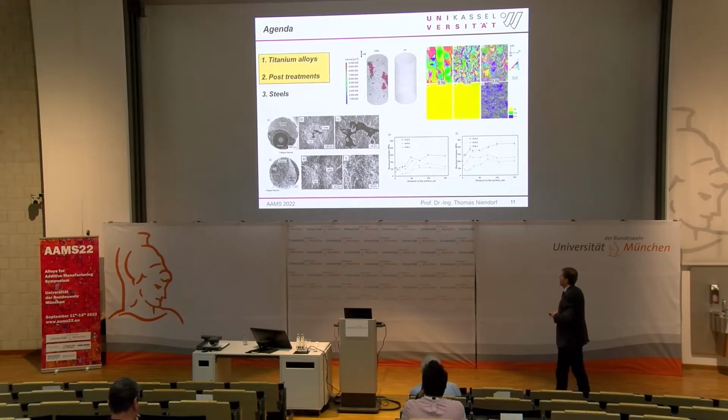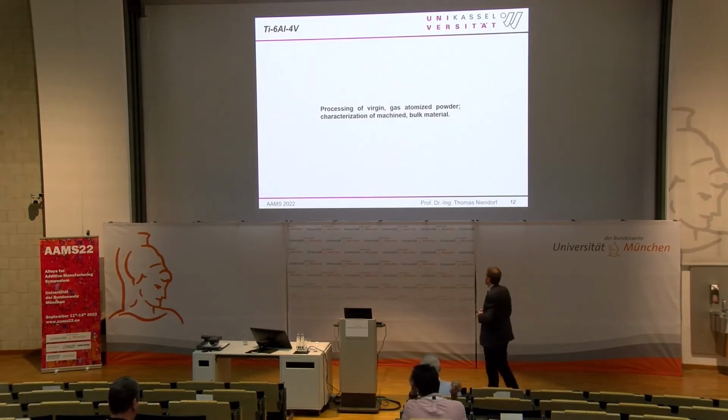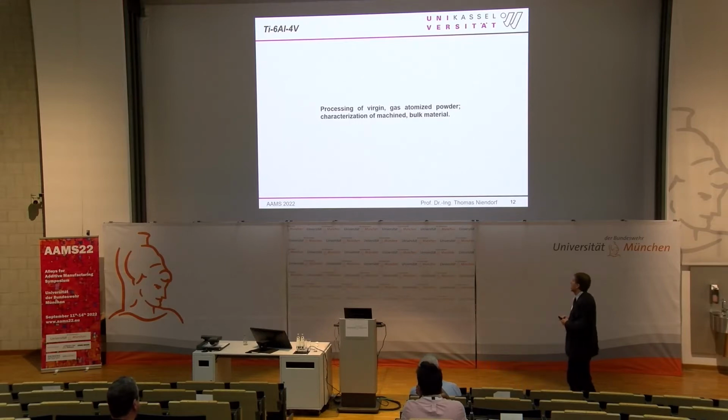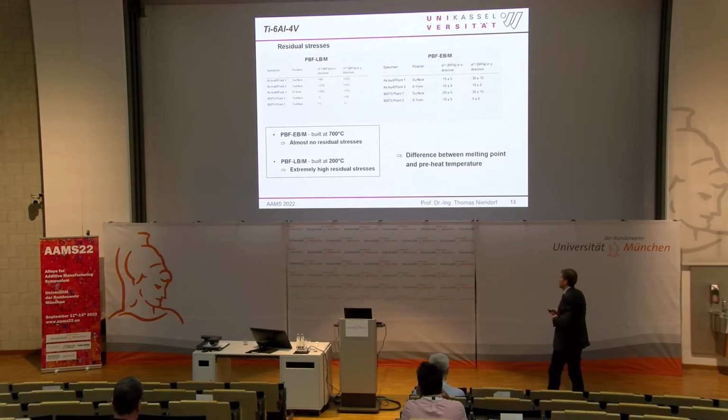So looking at the titanium alloys first, this is quite an old part of the story. This now focuses on processing of virgin gas atomized powder, and we look at machined specimens. So this is all machined material. I just want to highlight some very important aspects, especially when comparing those two processes.